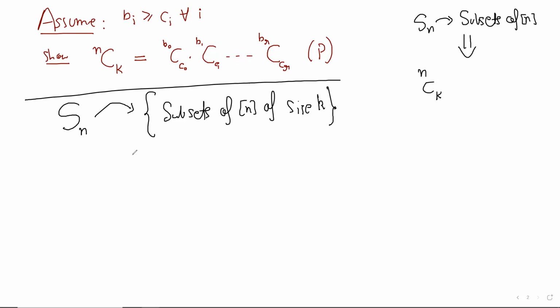And it is acting by just permutation. So I'll write an example. Suppose the subset is 1 to k, then sigma dot this subset will be the subset.